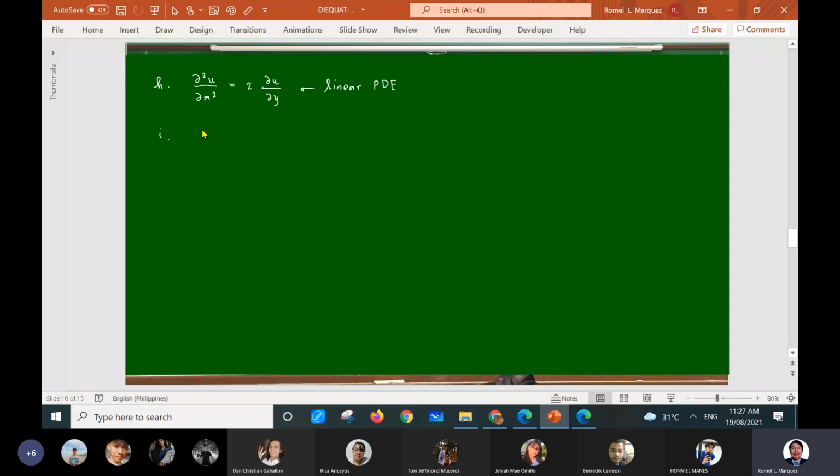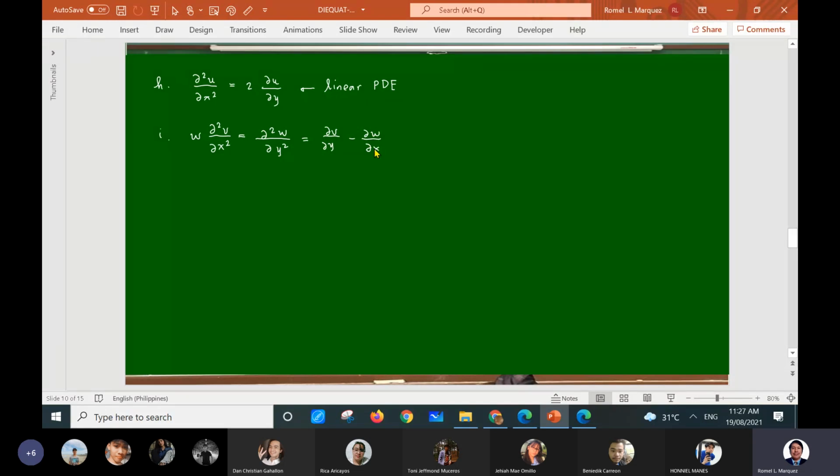What if I have the second partial derivative of v with respect to x, equal to the second partial derivative of w with respect to y, equal to the first partial derivative of v with respect to y, minus the first partial derivative of w with respect to x.